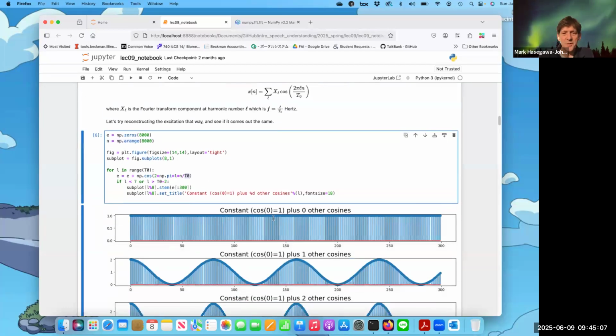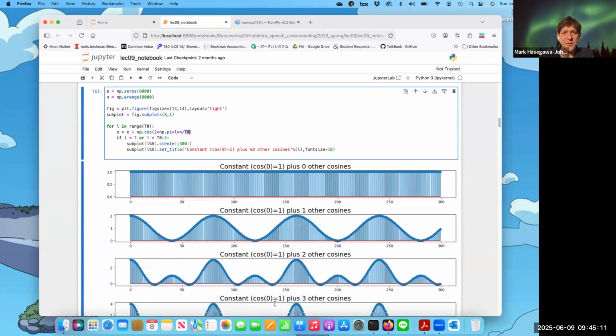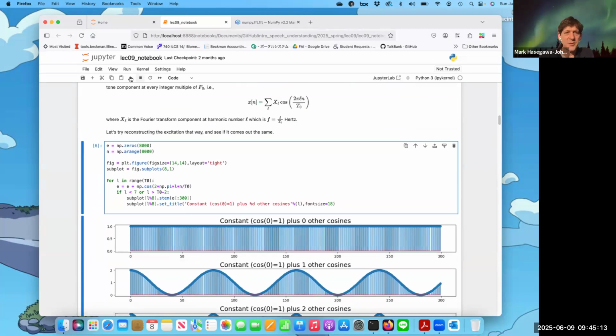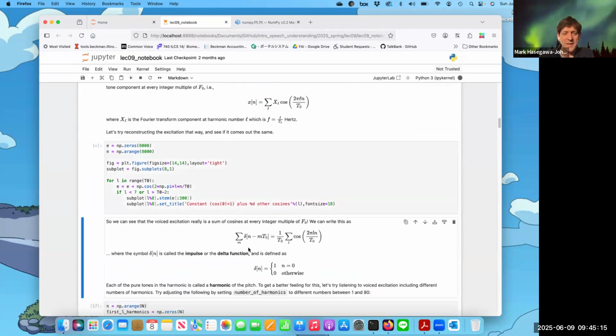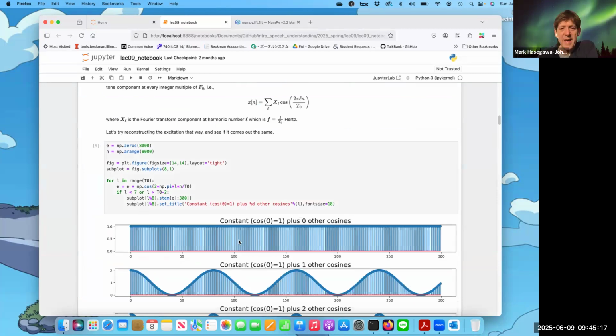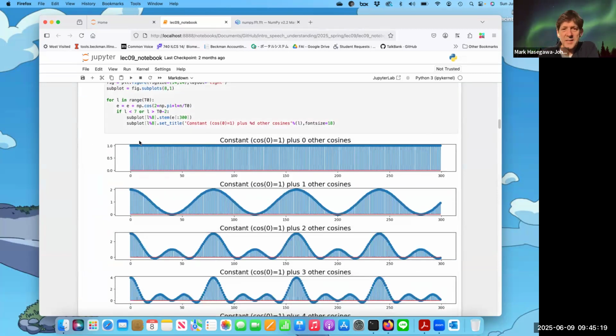And I'm going to show just the zeroth component and the first component and the second component. And I'm going to add each of them together to give you a feeling of how that goes. So when I just have the cosine at 0 hertz, well, the cosine of 0 is always 1, right?